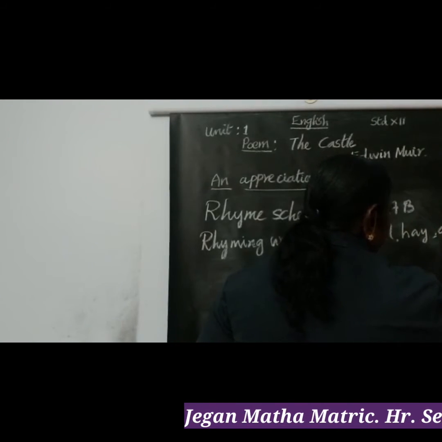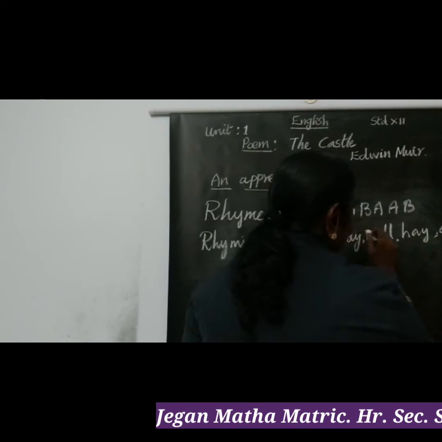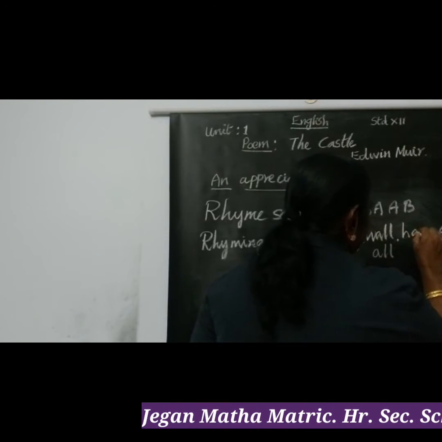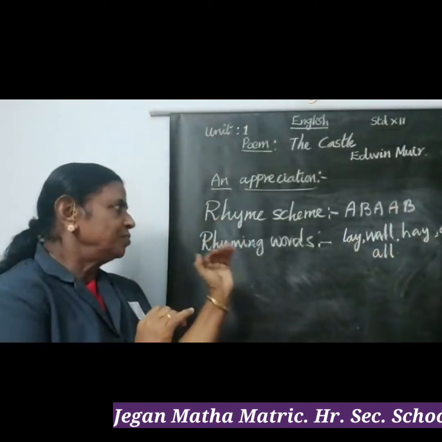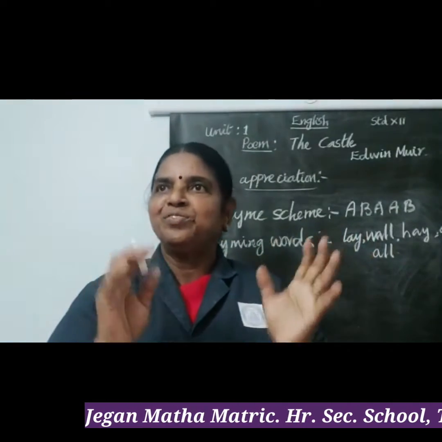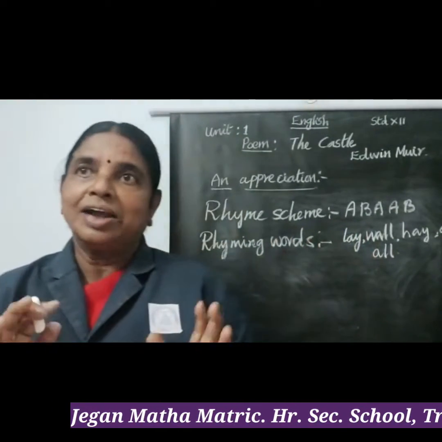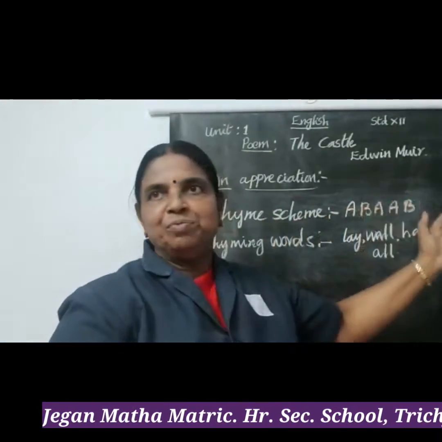Hay, away. And the last, all. So A, B, A, B. So now rhyme scheme and rhyming words. All through 6 stanzas we find the same rhyme scheme, that is A, B, A, B.